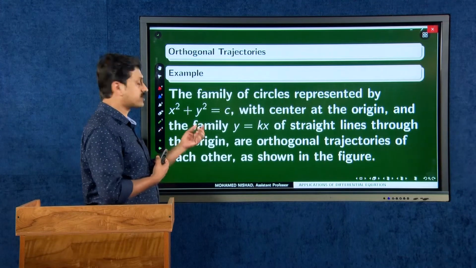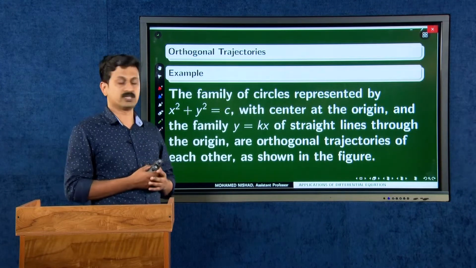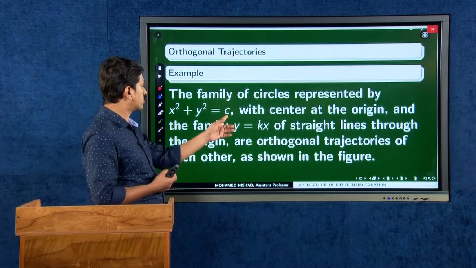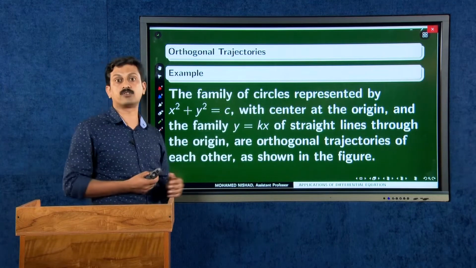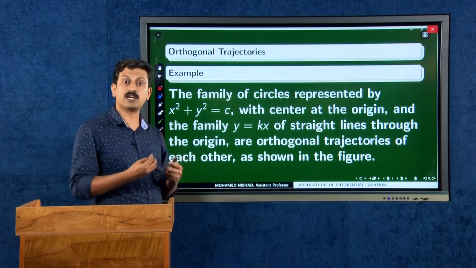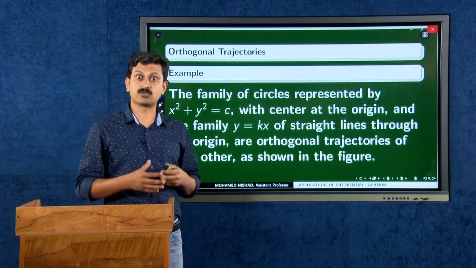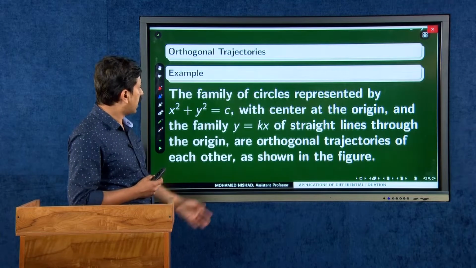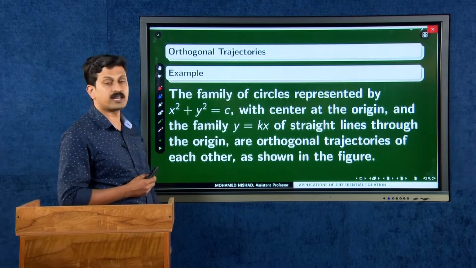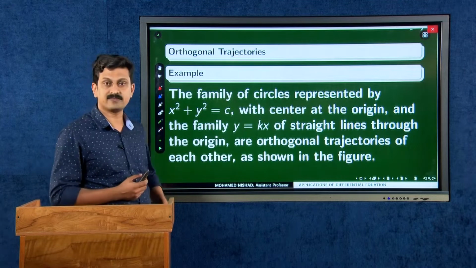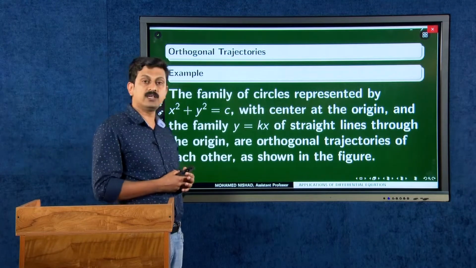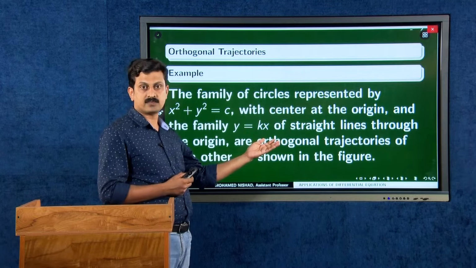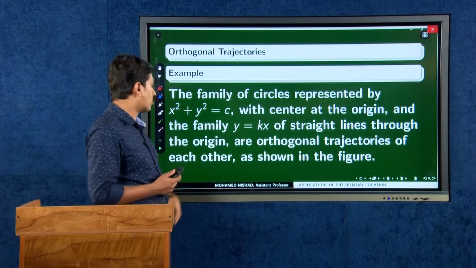This is the equation of concentric circles centered at the origin with radius root c, the set of all concentric circles centered at the origin. And we can consider y is equal to kx, which is another family of straight lines passing through the origin.